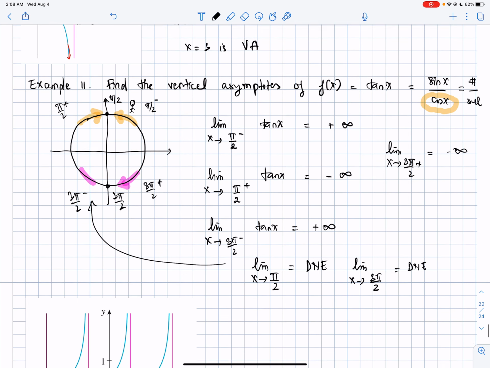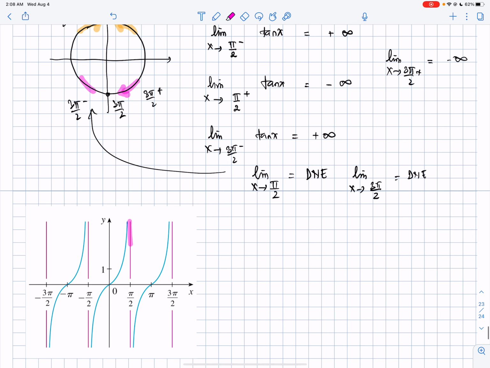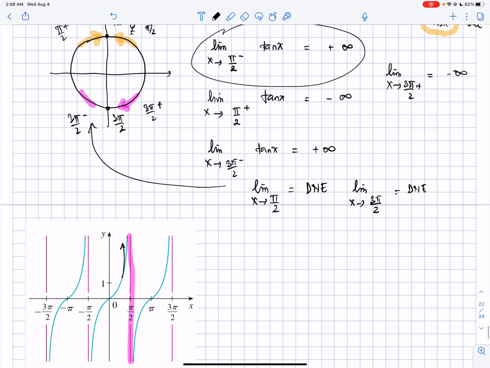Now let's look at the graph to verify our answer. Pi over 2 is right here. When we approach from the left hand side, we will get positive. And when we approach pi over 2 from the right hand side, we will get negative.